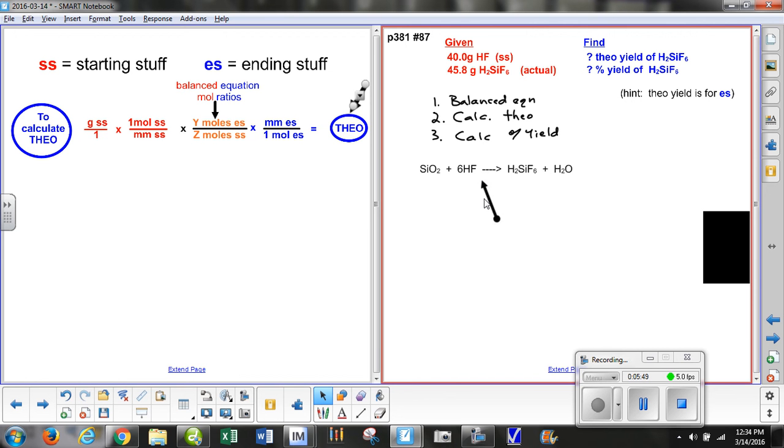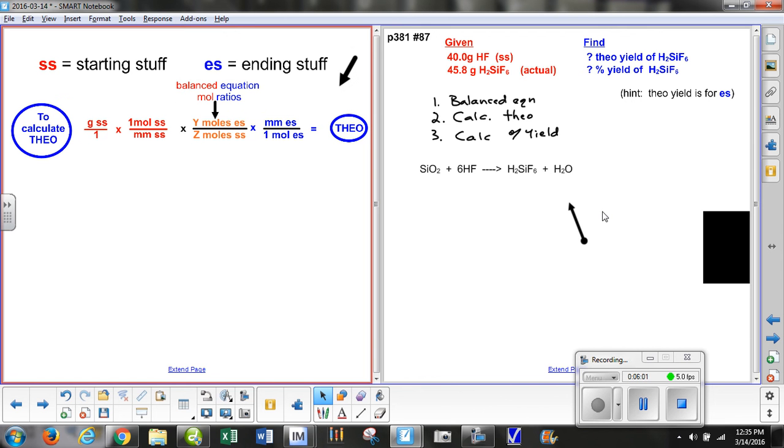And that's going to be how you use this screen here on the left as a model to get to your theoretical. And once you have your theoretical, you can use that to go ahead and calculate the percent yield. And that's how you do these problems.